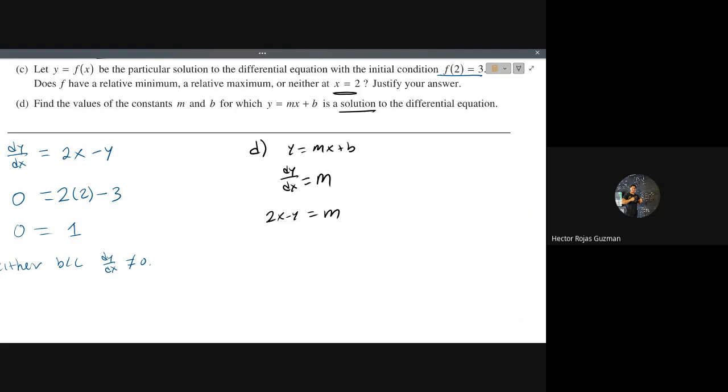One for the derivative and one for setting them equal to each other. I don't really care about y. We want to solve for m and b. So take the y and replace it with mx plus b. Distribute the negative. And the m on the right side, bring it over. So subtract the m.